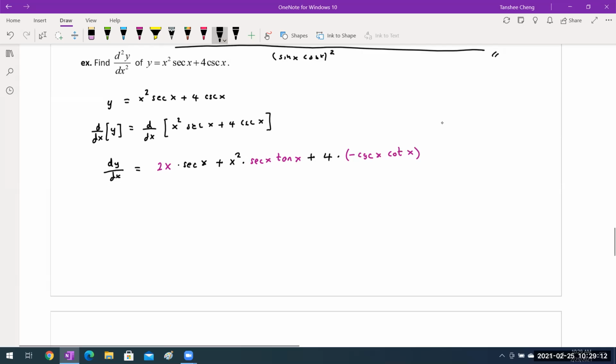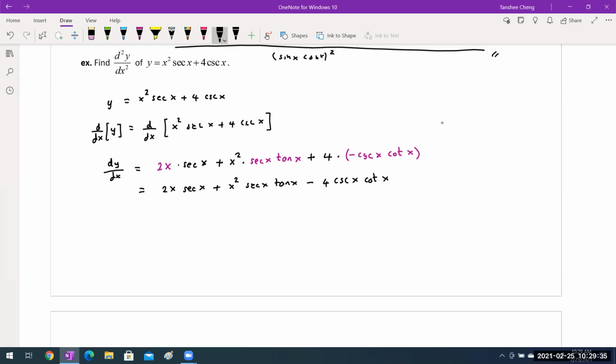So now if I simplify a bit on this, 2x secant x plus x squared times secant x tangent x minus 4 times cosecant x cotangent x.